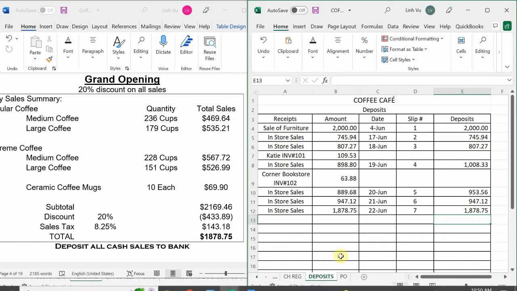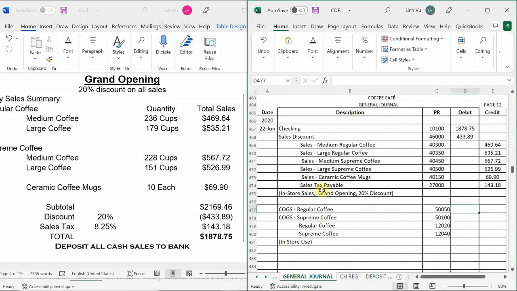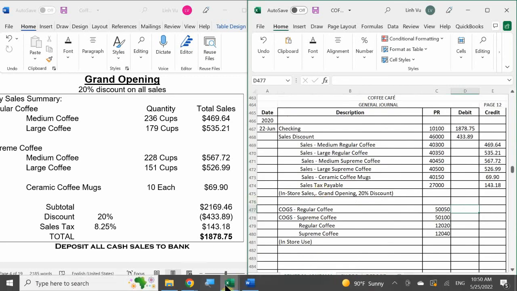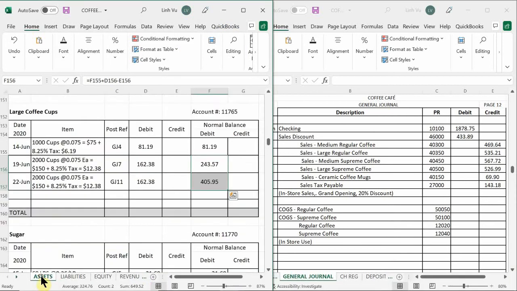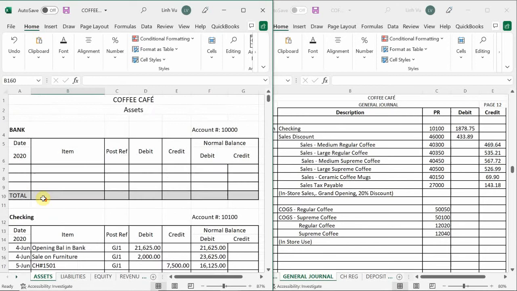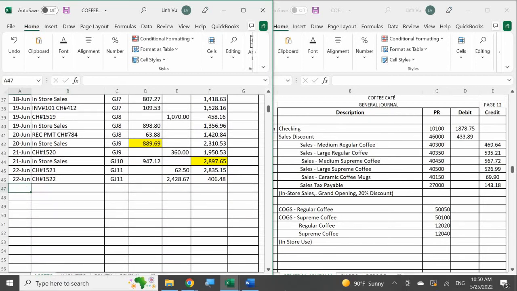Okay? And now we can go ahead and proceed to enter all of these values into my accounts here. So starting with the checking account, we had in-store sales, so therefore we increased our money.